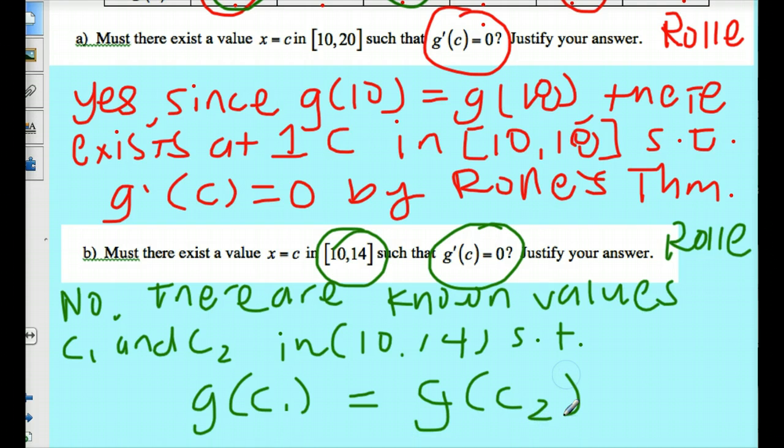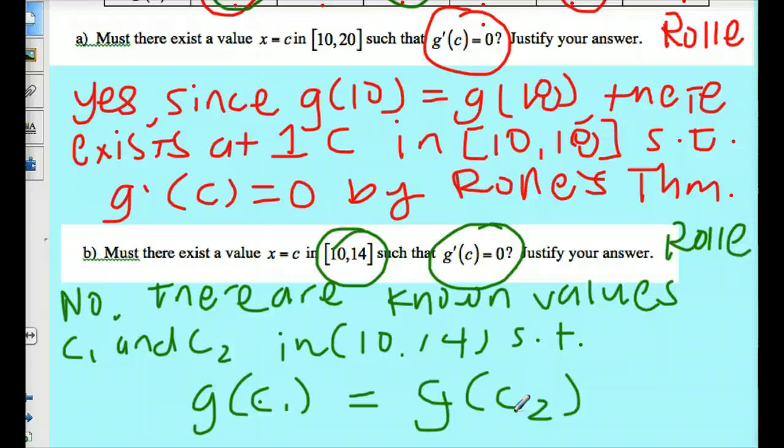What it's saying is none of these equal each other, or none that we knew of. So we can't determine that there is a place where g prime of c is equal to 0.